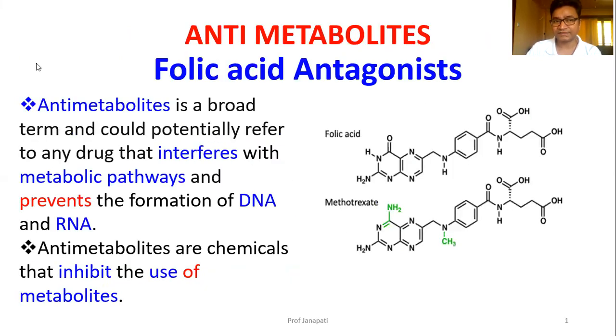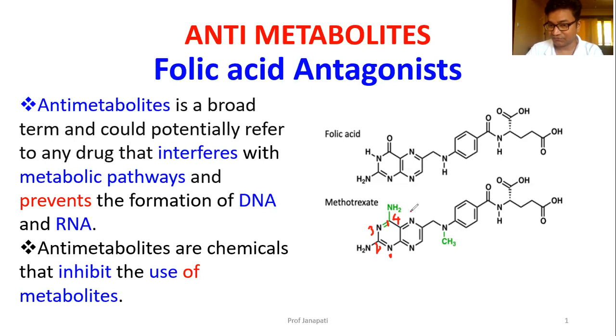You can see it both ways. In the previous slide we kept this down, but you can see the numbering. This nitrogen was here and this was here, and then the amine group also came down. When you do the numbering here, 1, 2, 3, 4, this is the way of numbering. In that slide, we reversed the pteridine nucleus, so even this PABA was attached at this position.